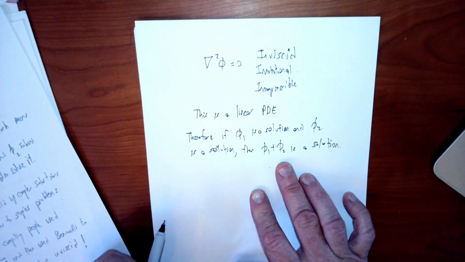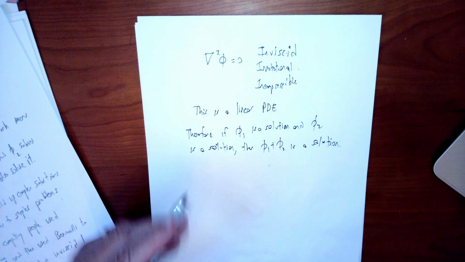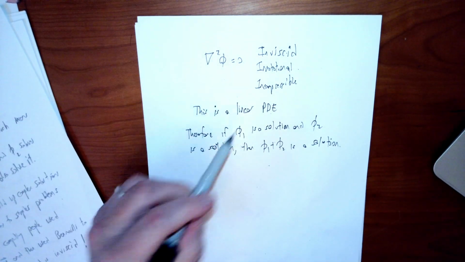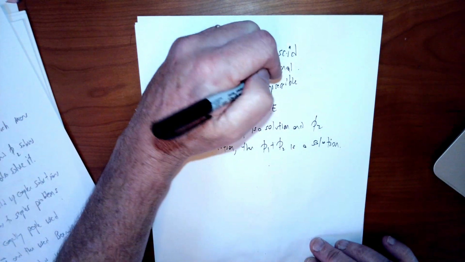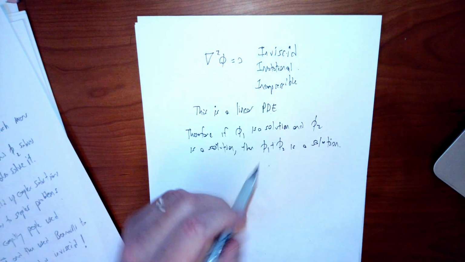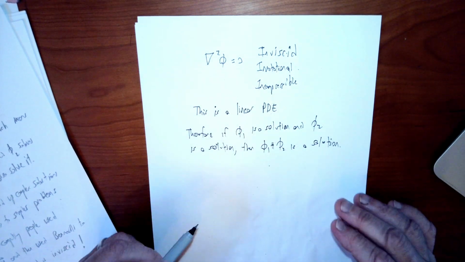So if you wanted to solve a complicated problem, and this is what people did back in the day, you would solve a fairly simple problem that was related to the problem you're trying to solve. Then you try to solve another simple problem to generate another solution that maybe added one layer of complexity.